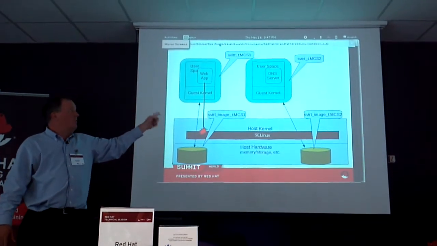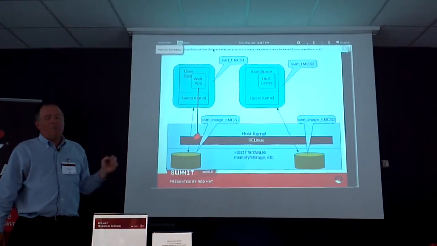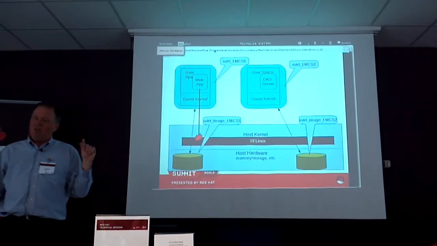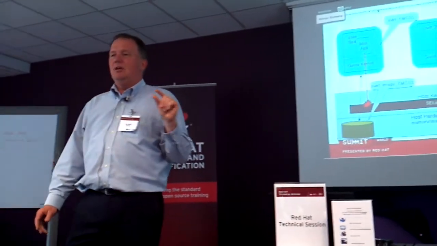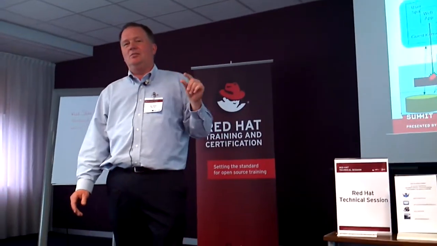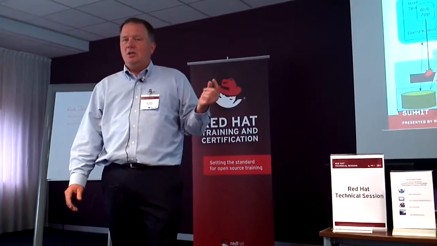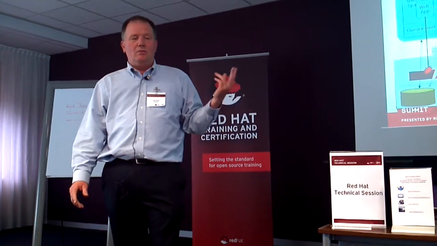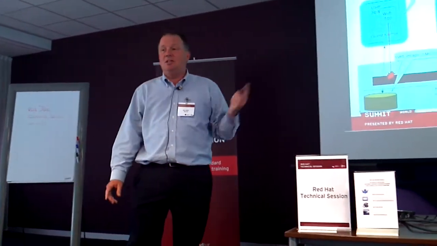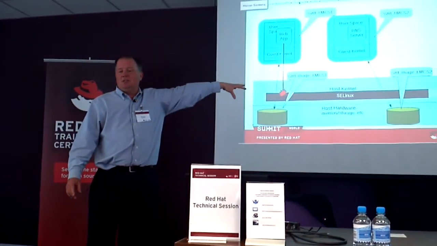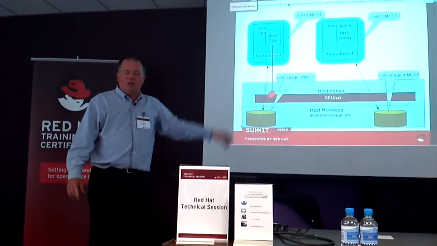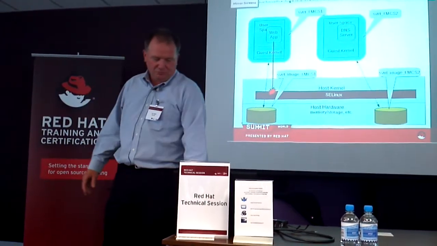But we took the last field, and we added basically a randomness. So we're not actually using categories for anything important. We just use a random MCS label. The library ensures that that MCS label is never reused. So it ensures that 2 virtual machines running will have the MCS field as well as the type enforcement field, and that guarantees us the separation, even though they're all labeled with the same type.